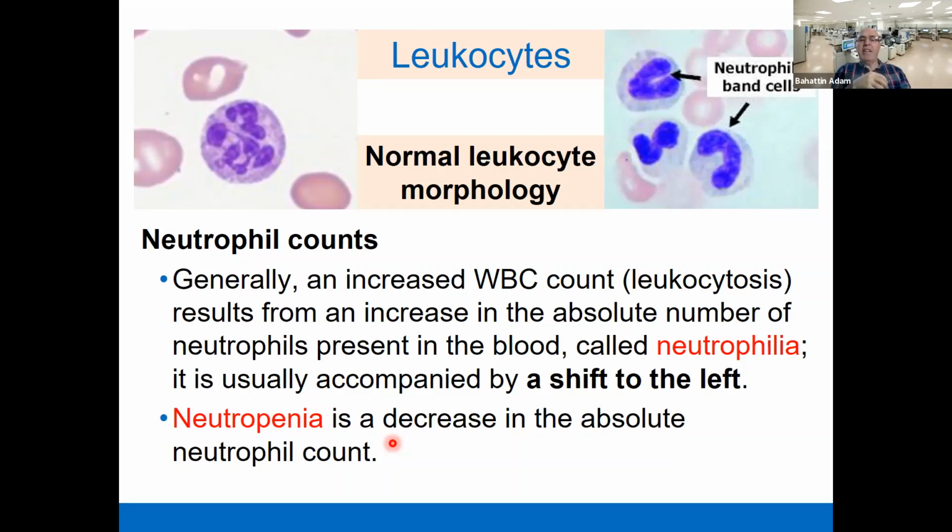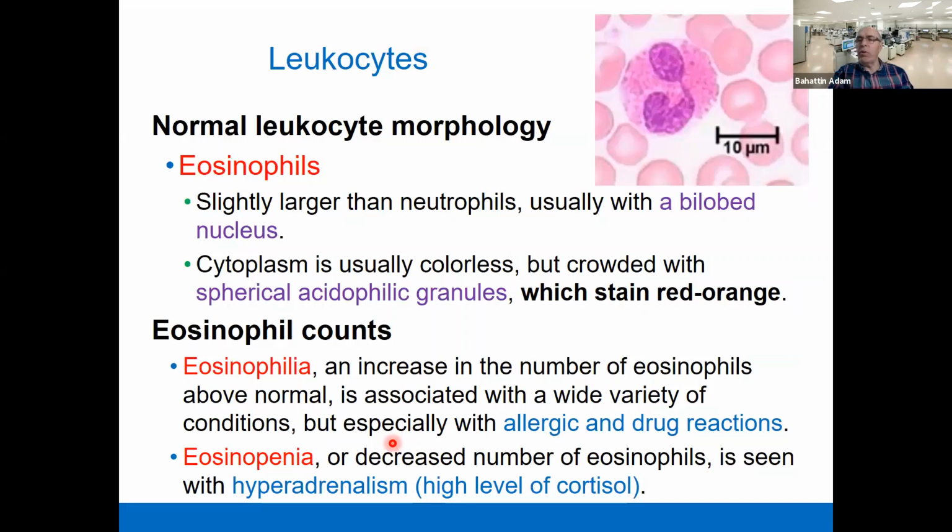Neutropenia is a decrease in the absolute neutrophil count. In some cases, if a patient is under chemotherapy or cortisol therapy, the number of neutrophils may decrease. Also, HIV can decrease the number of neutrophils, which is not good, right?